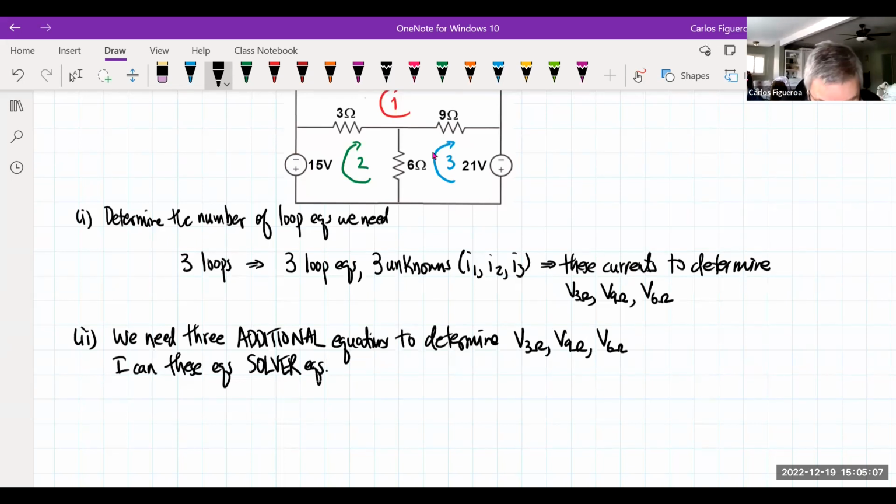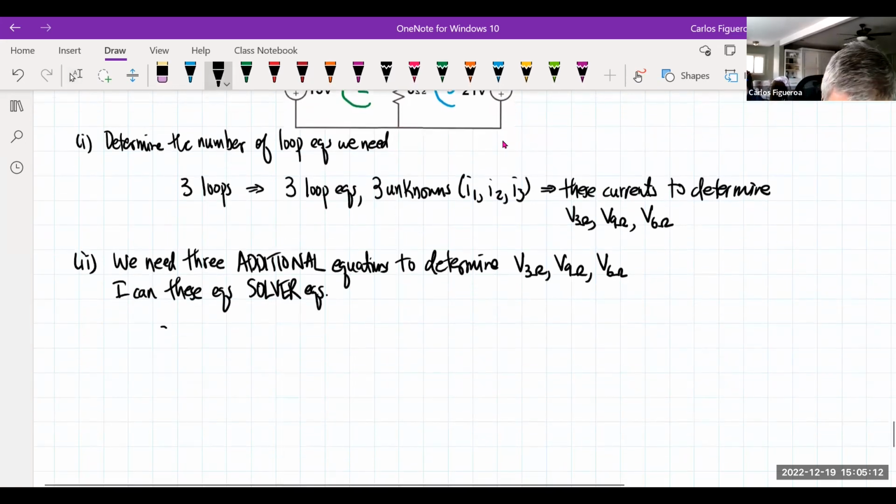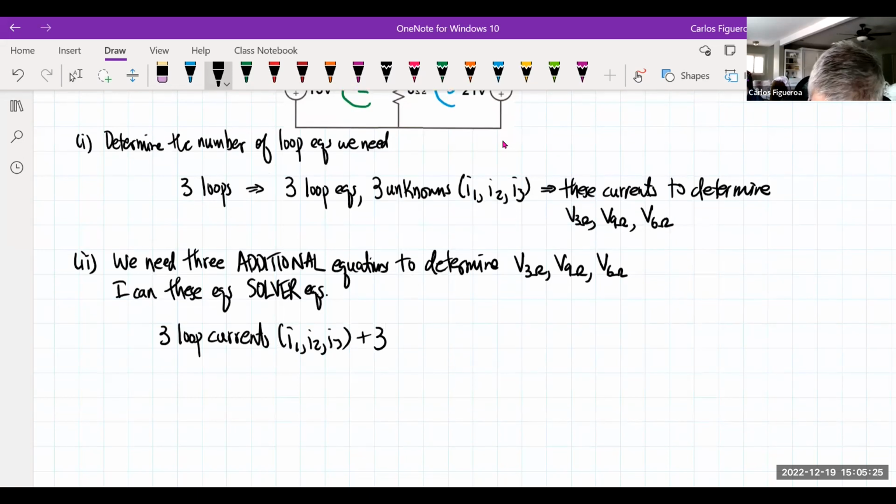So if I look at the numbers now, here's what the numbers say. I have 3 loop currents. So we already have to solve for the loop currents. So I need I1, I2, I3 plus 3 solver equations for V3, V9, V6.